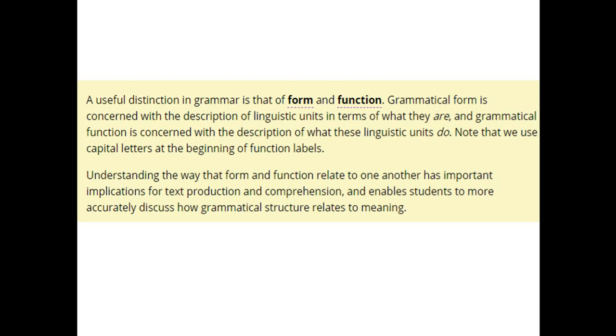Note that we use capital letters at the beginning of function labels. Understanding the way that form and function relate to one another has important implications for text production and comprehension, and enables students to more accurately discuss how grammatical structure relates to meaning.